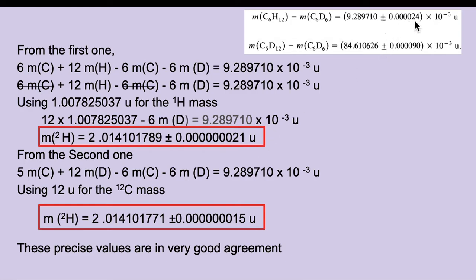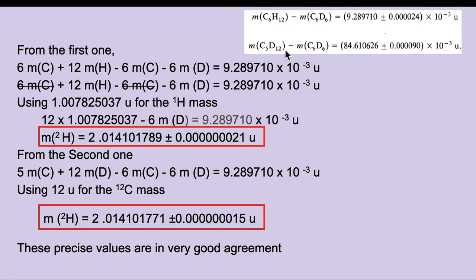Here it is 0.0024 and here it is less than that value. You can directly do this: multiply, subtract this number from the 12 into this number, and divide by 6. That number will be this one, no doubt.